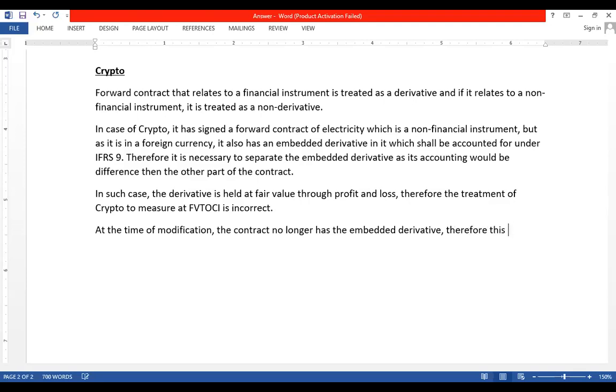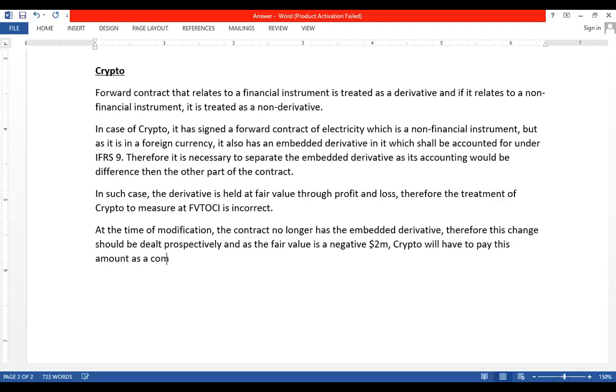Therefore, this change should be dealt prospectively, and as the fair value is a negative $2 million, crypto will have to pay this amount as a compensation.